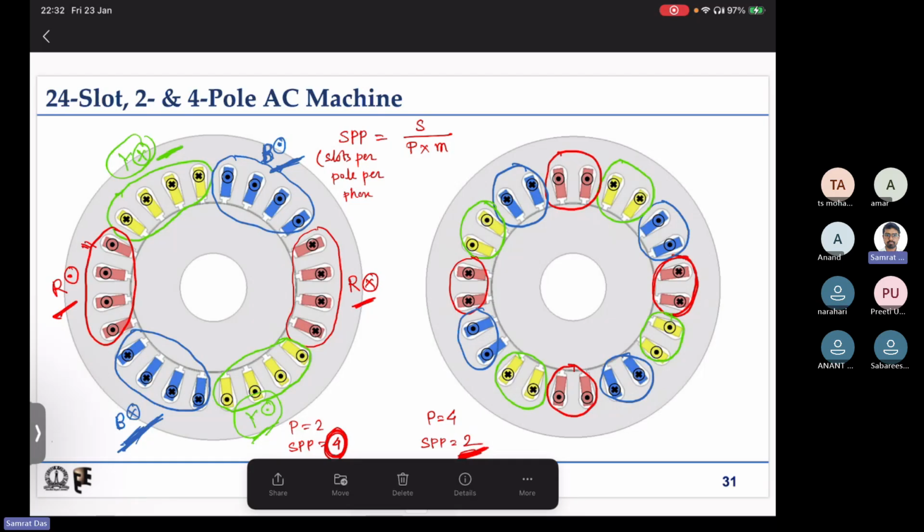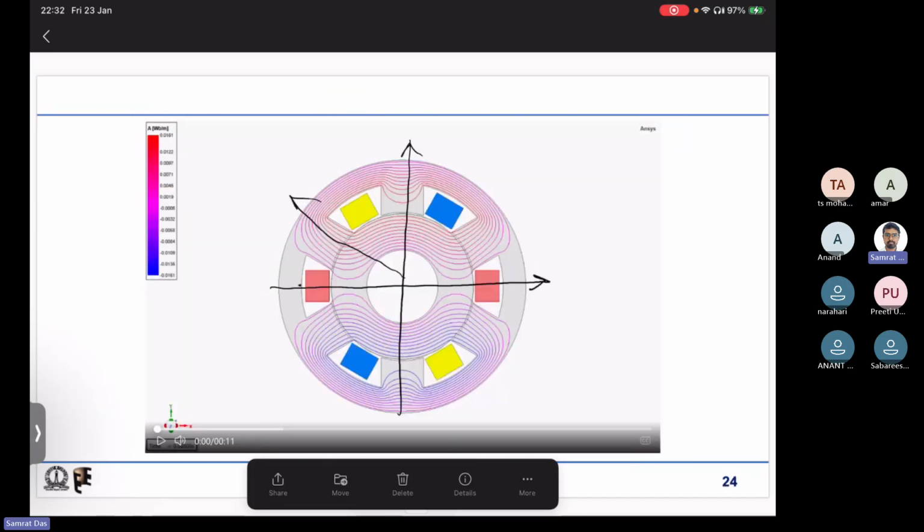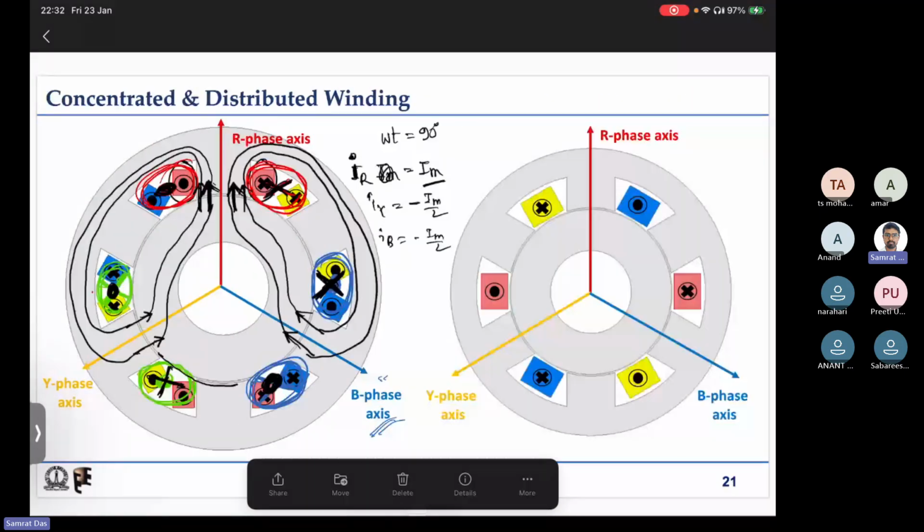Samrat, one question. Can you please get back to slide number 21? Yeah, in this same slide, in the left side machine, how do you comment about the load carrying capability?